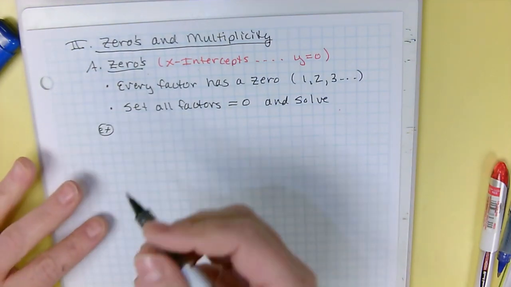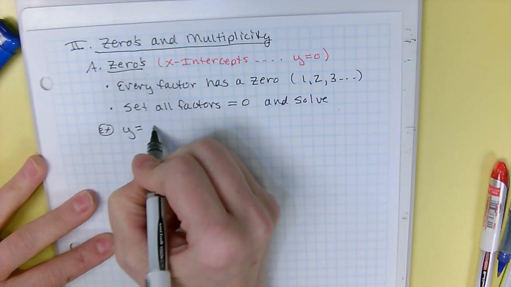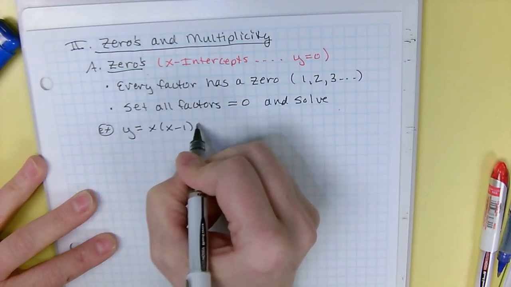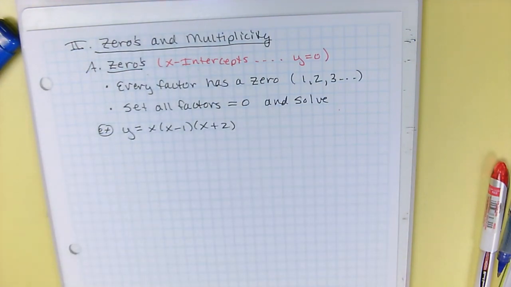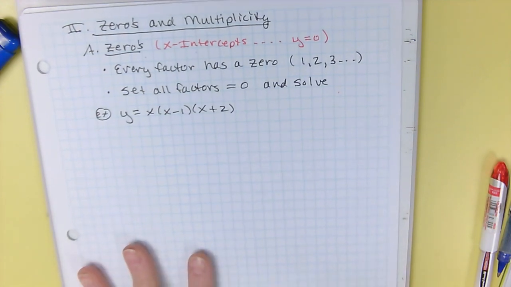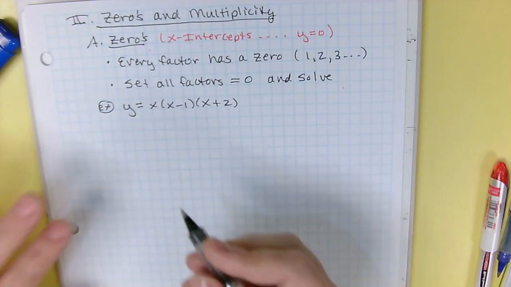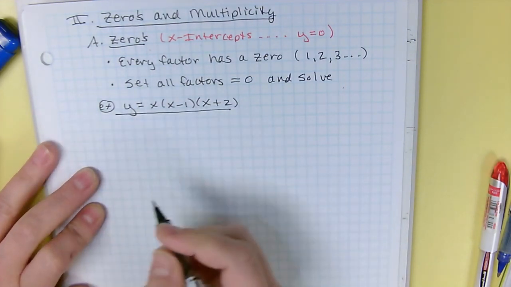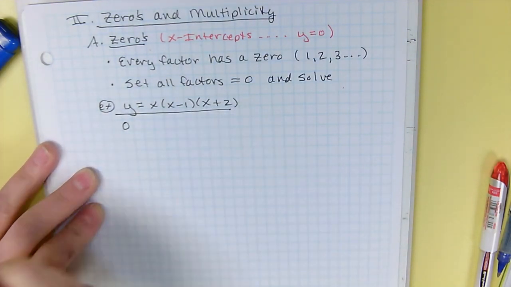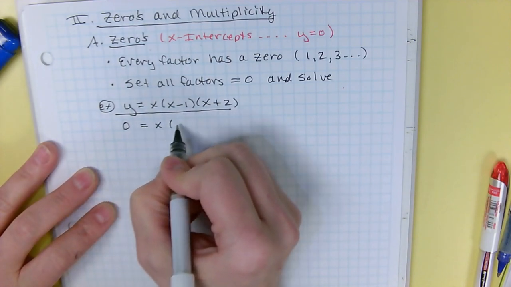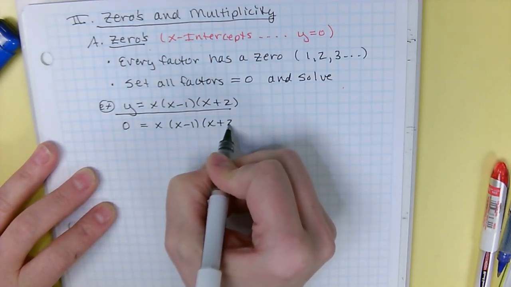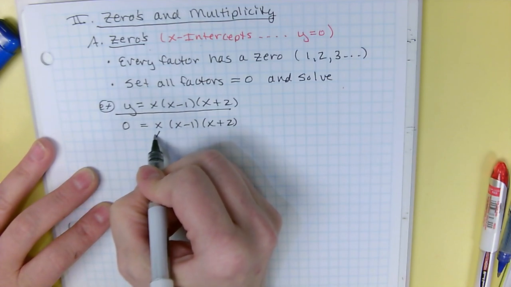So here's an example. y equals x times x minus 1 times x plus 2. This is a factored form. In order to get zeros, you have to do factored form. So to find the zeros, we change y to a 0, and we're finding the zeros, or the x-intercepts. So you're going to take each factor and set it equal to 0.